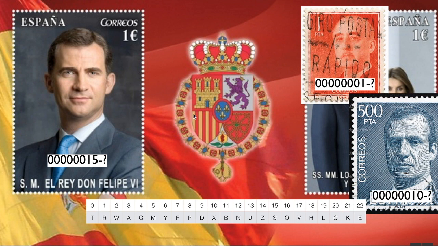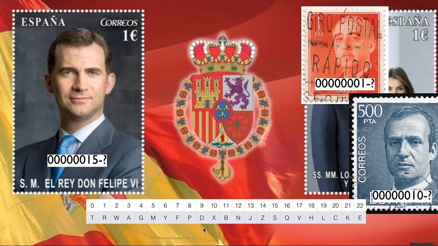And what happens is this: you have 1, 2, 3, 4, 5, 6, 7, 8 digits followed by a letter. The 8 digits are treated as an integer, and we do a mod 23, and then the value we get for the mod 23 gives us an index into this table here, which tells us what the letter should be.